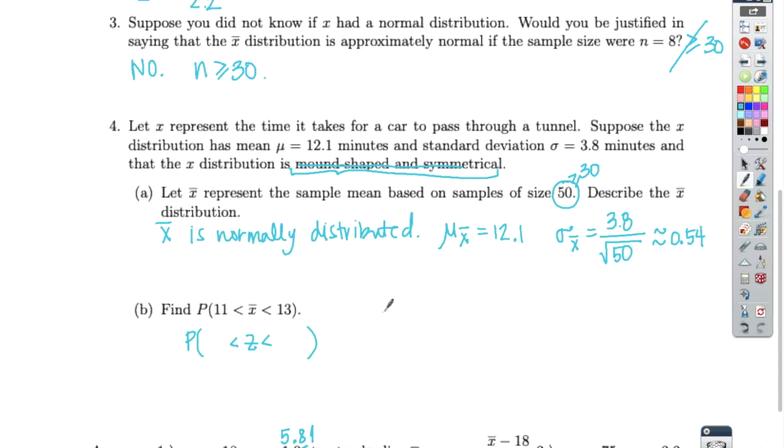So 11, I'll start with 11. z equals 11 minus the mean, which is 12.1, over the standard deviation, 0.54. And so divided by 0.54, I get negative 2.04.